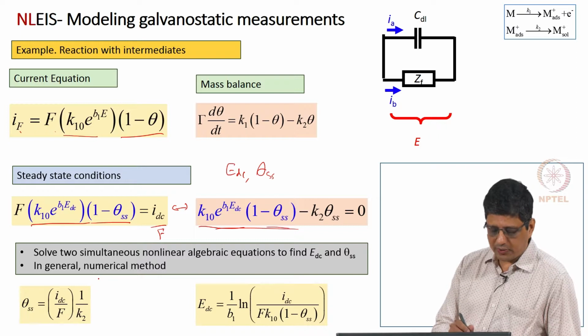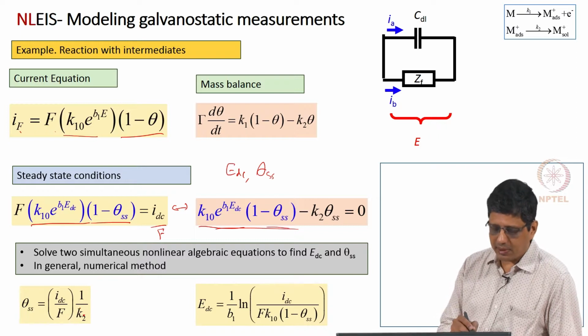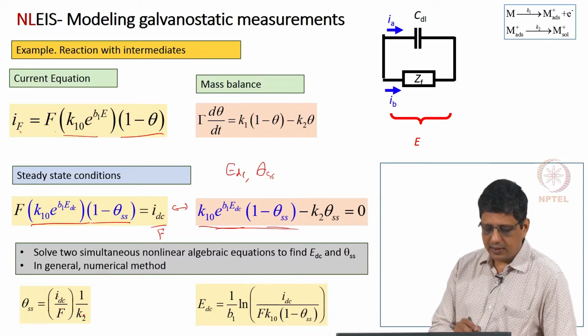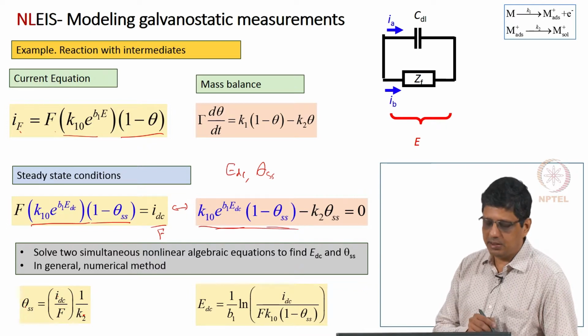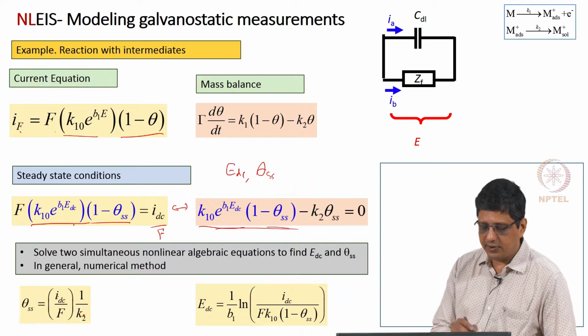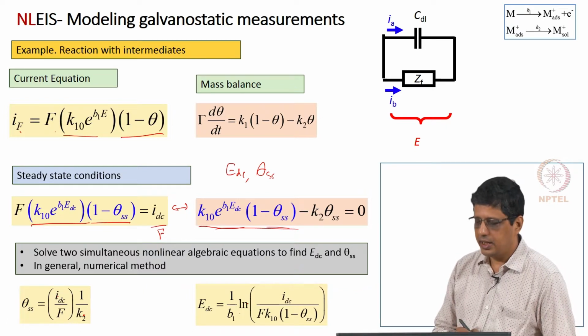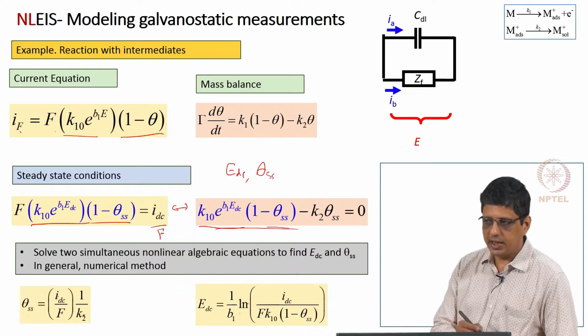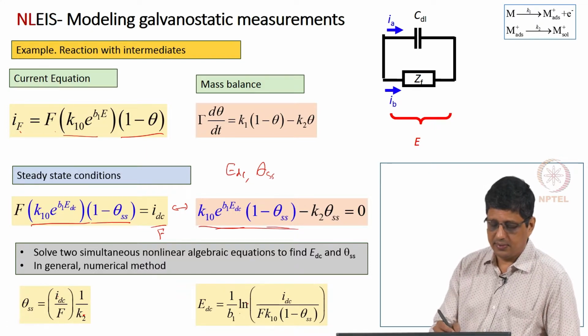So, once we know the k2 value, once we know the kinetic parameter values and IDC, and of course we know the Faraday constant, we can estimate theta SS. And once you know theta SS, you can rearrange this equation and write the expression for EDC, but in general you may not be able to do this.